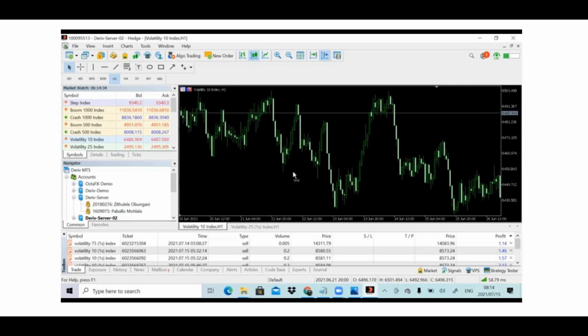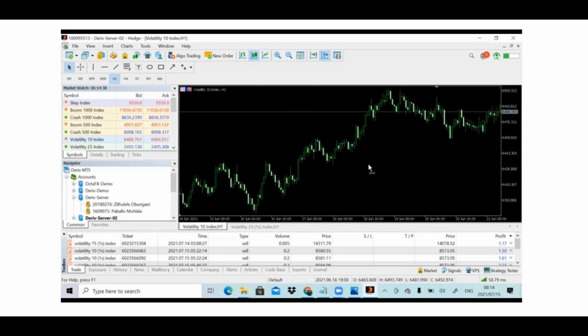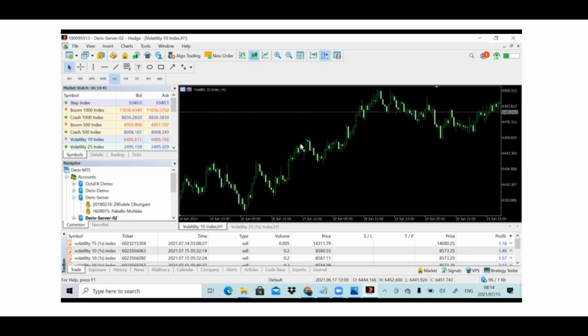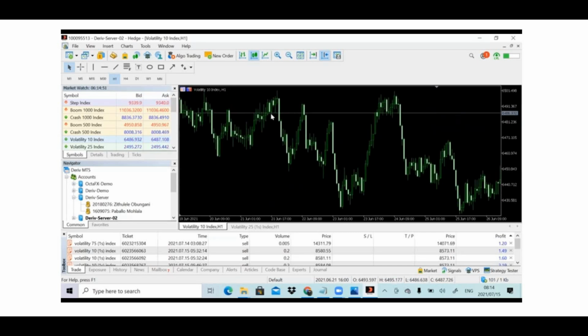So if you look in the market, you see them. This is a head and shoulder. Double top right here. Head and shoulder. Shoulder, head, shoulder.